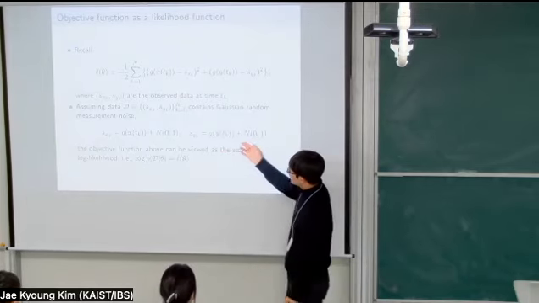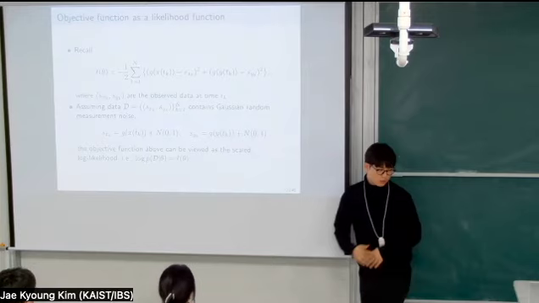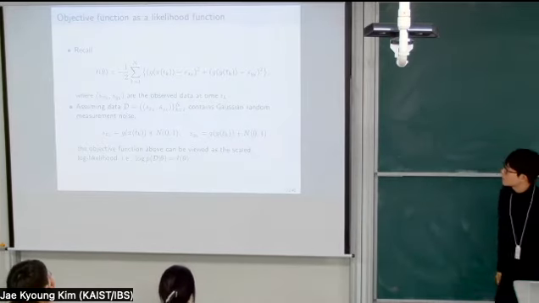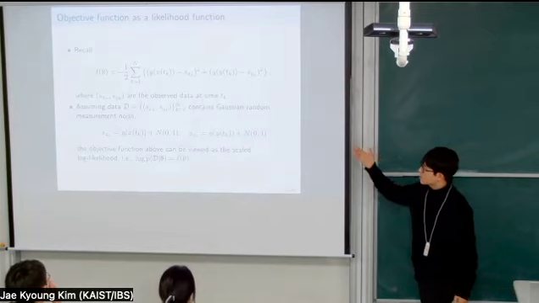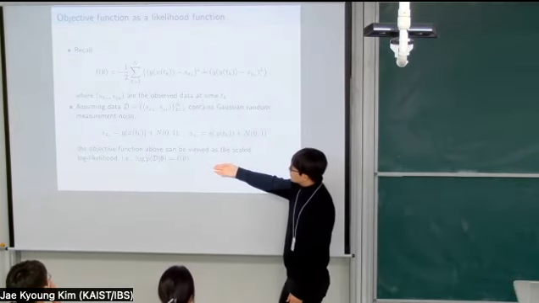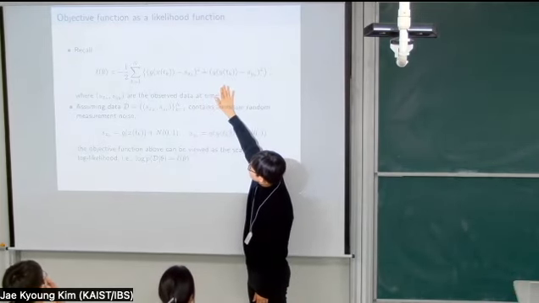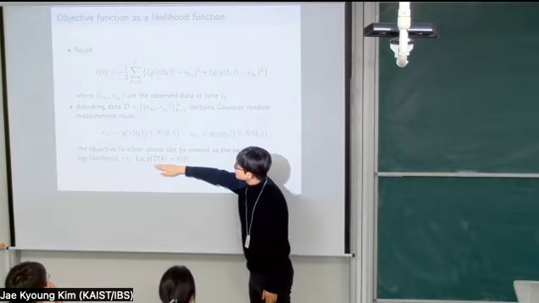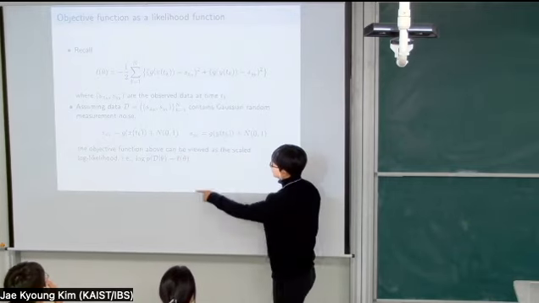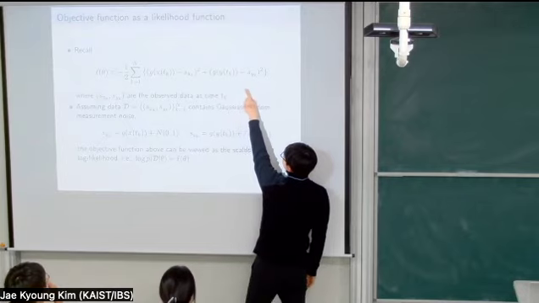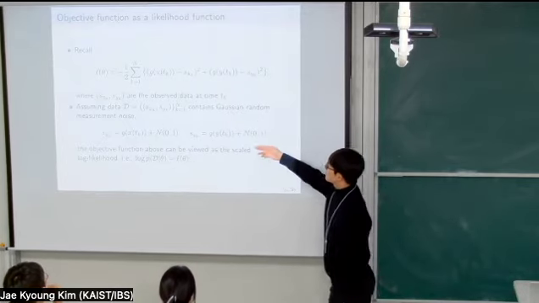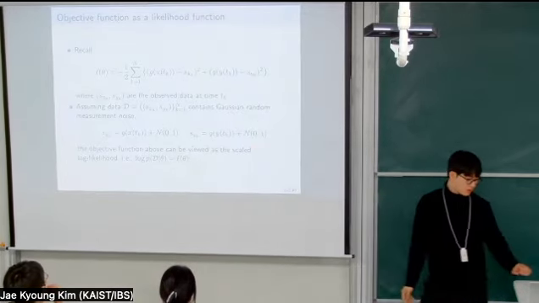We are assuming the observation is simply the average of the population over some time period. If you make such an assumption, the objective function that I described here can be viewed as a log likelihood, because the log of the data distribution is exactly of this form, due to the Gaussian distribution assumption.